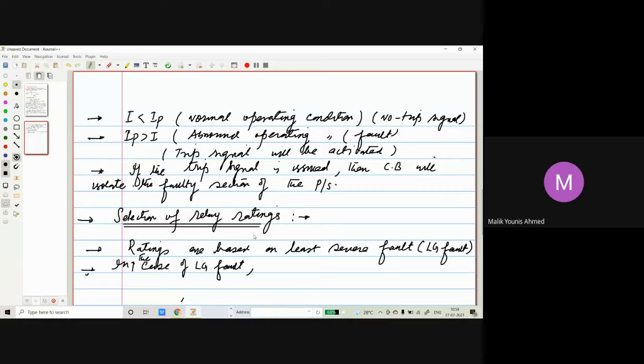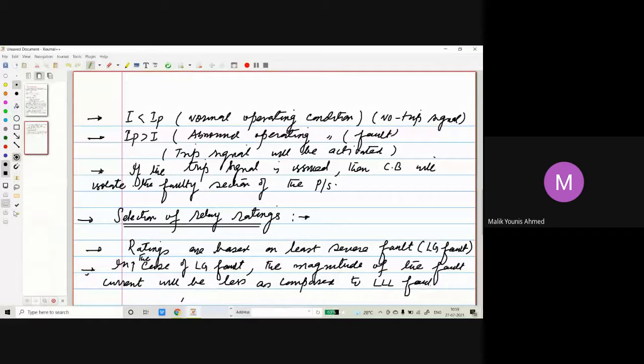The magnitude of the fault current will be less as compared to, as we will see, a triple line fault, because all three lines will be involved. All three lines will be short circuited for the same circuit condition.